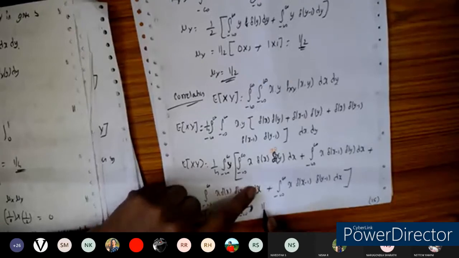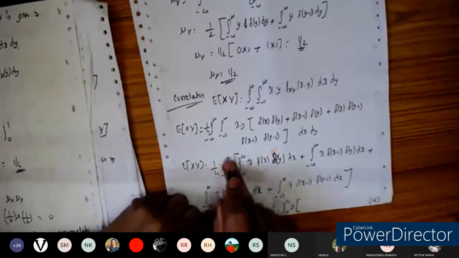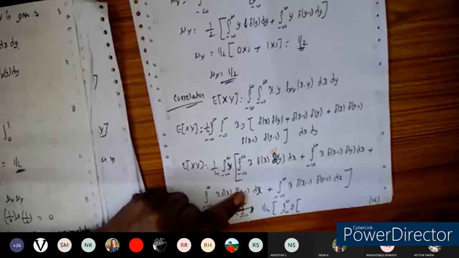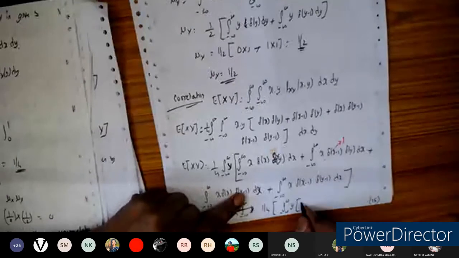The integral of y remains, and the integration of x into delta of x minus 1 becomes equal to 1, so we get 1 into delta of y.